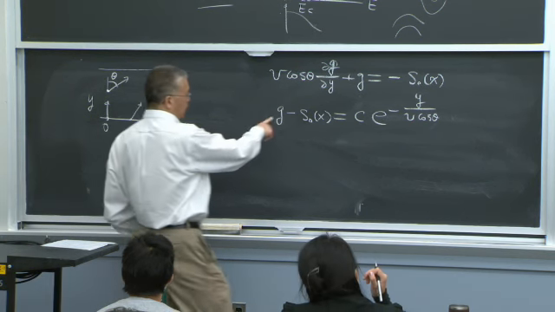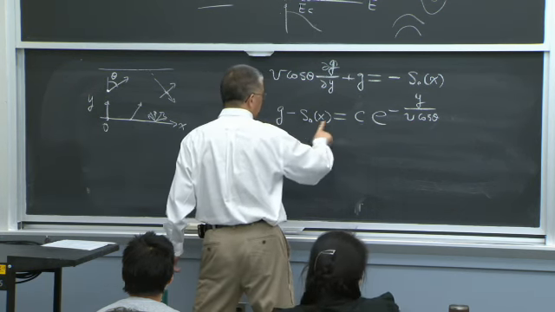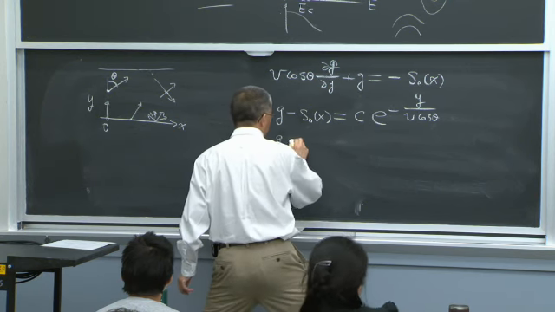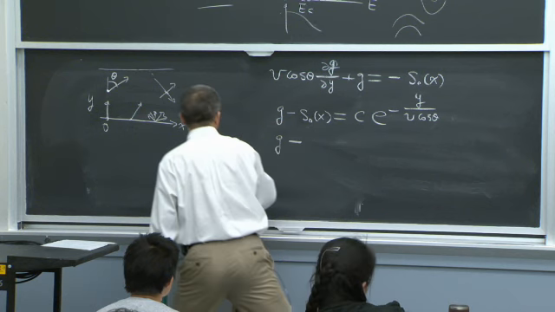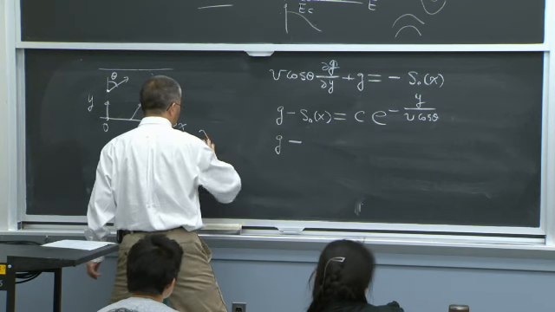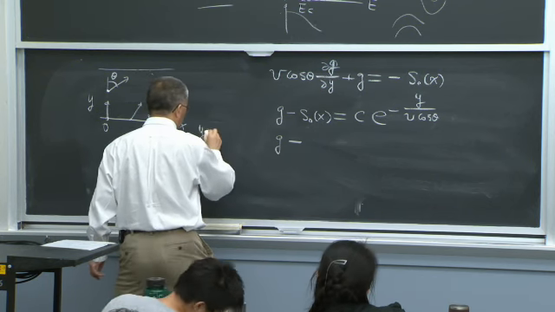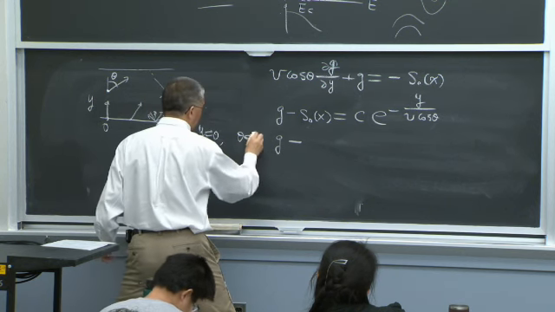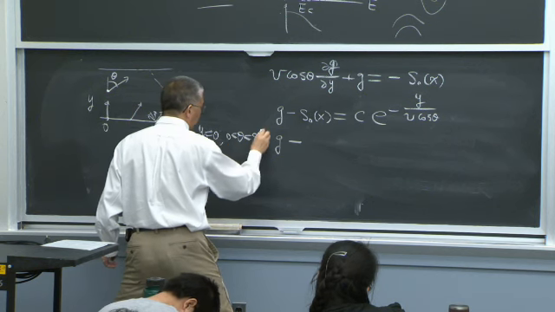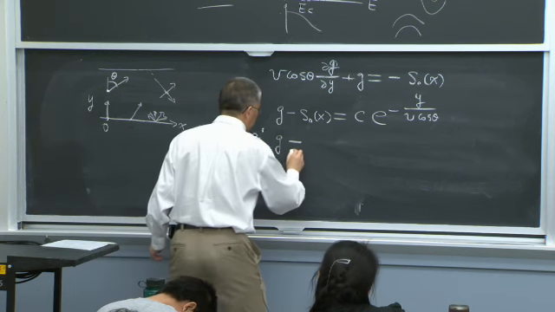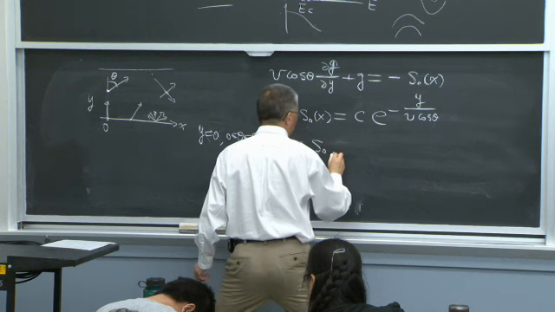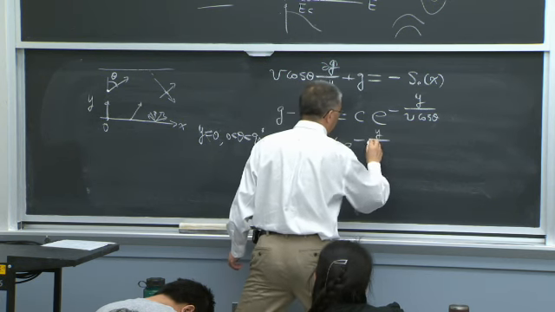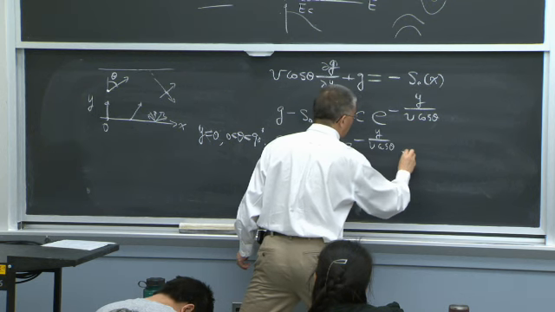So I have C equals S0. So what I have is, for theta at y equals 0, and this means theta is larger than 0 and less than 90 degrees, I have g equals S0 times exponential of minus y over V cosine theta, minus 1.